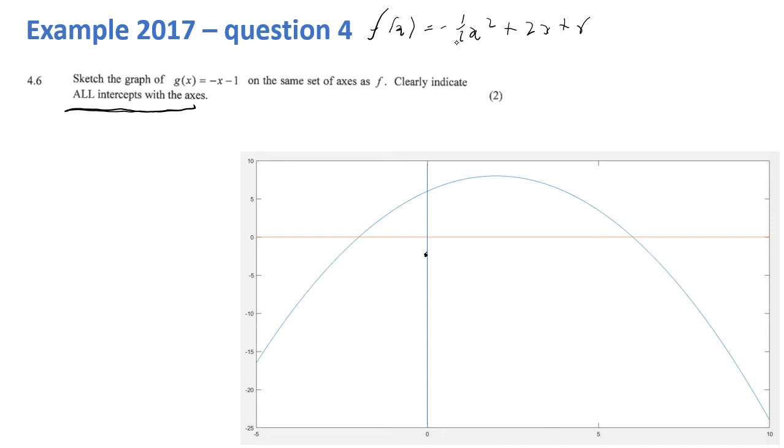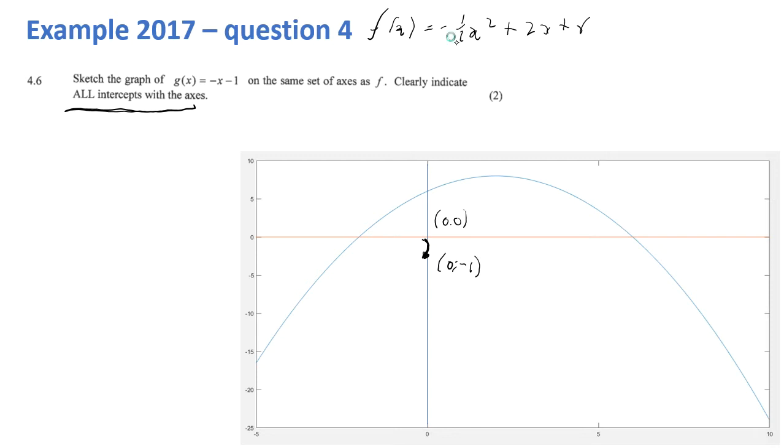So let's start with that. I know that the intercept here is (0, -1), so that's the first important thing. Then if I take one step in the positive direction, I'm at the point (0, 0).